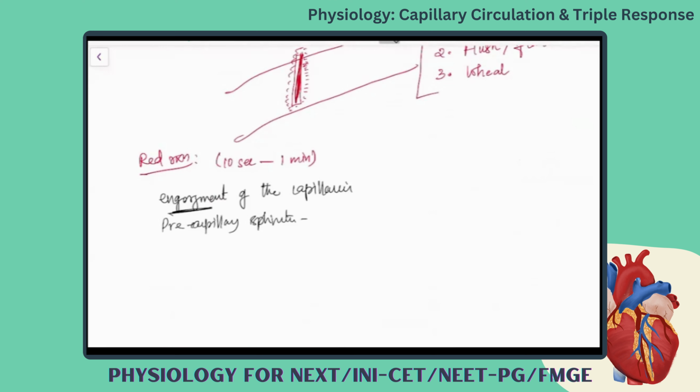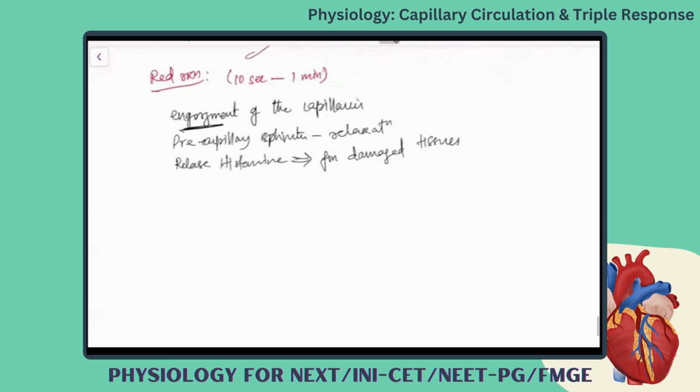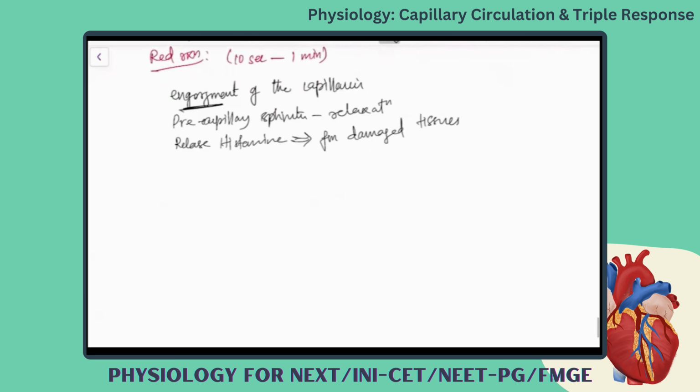This precapillary sphincter relaxation plus the engorgement of the capillaries releases histamine. Which cell contains histamine? What is the other modified form? Mast cell, from basophils. This is releasing the histamine from the damaged tissues. So this is the cause for this red reaction.